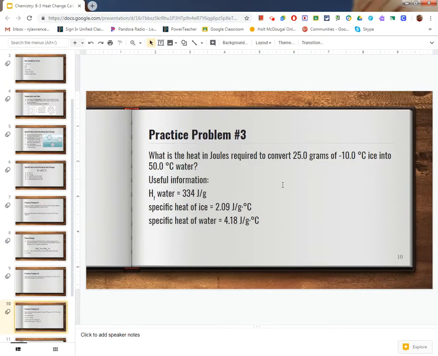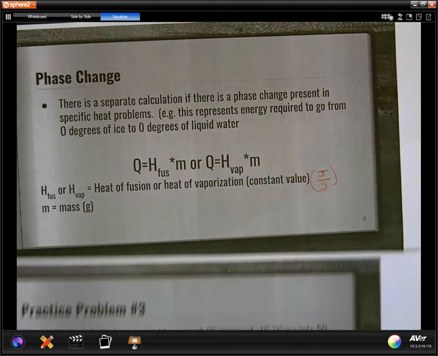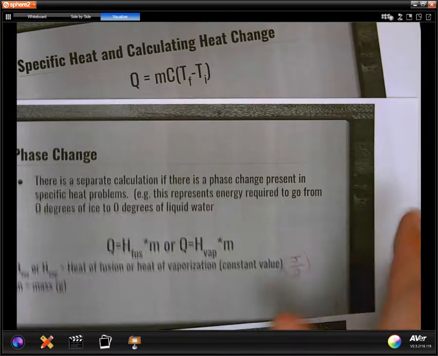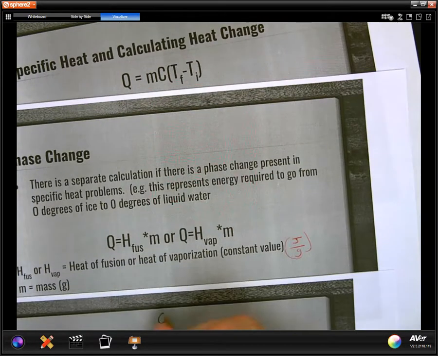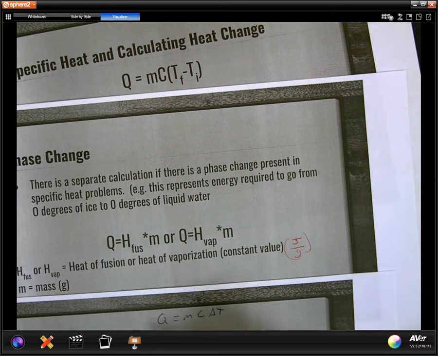So when I come to my third type of problem, what we're going to do here is actually use both equations. We're going to use Q equals MC delta T, and we're going to use our Q equals heat of fusion, and we'll actually even use our Q equals heat of vaporization. And of course, these are both times mass.